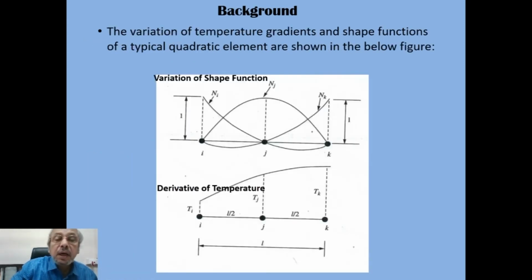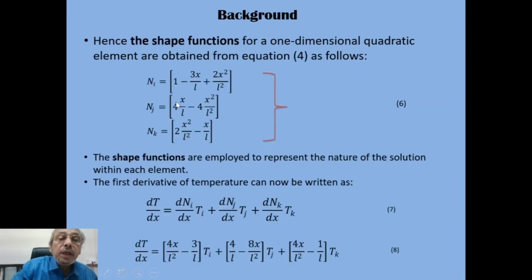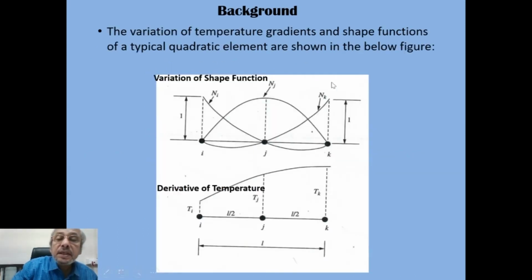So that is how Ni is 1 at point i, at point j it is 0, at point k it is 0. Similarly, variation of Nj, if we look, at x equal to L by 2 it is 1, but at x equal to 0 and x equal to L it is 0.